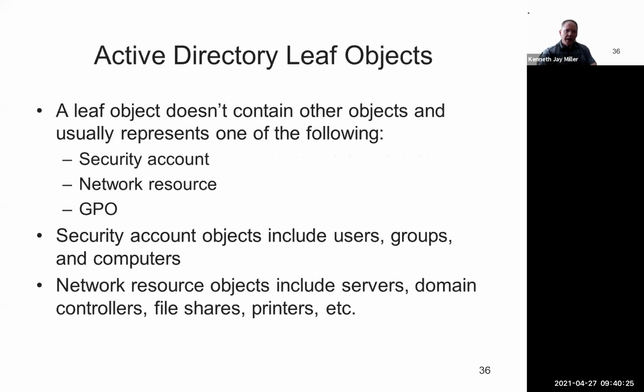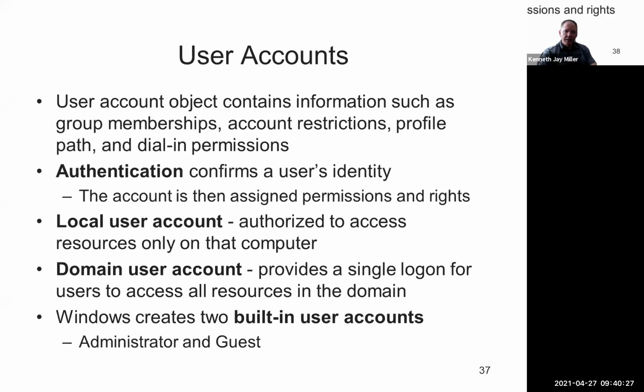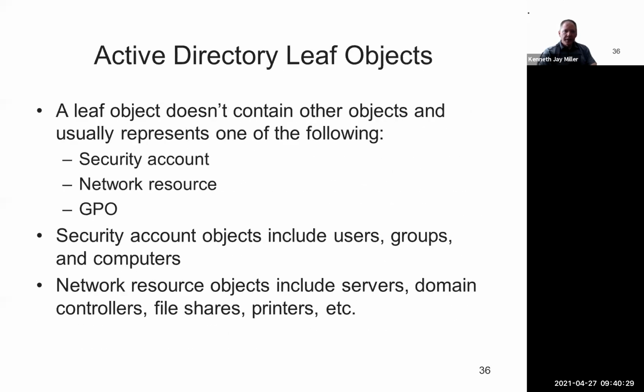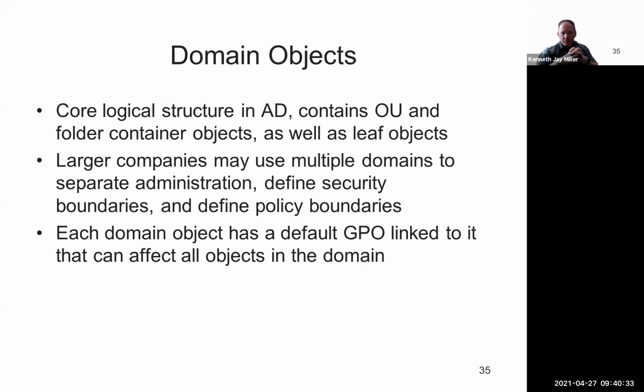So when we modify the group policy, and I don't have a picture of that, if we do it for the entire domain, that's going to go down to everything underneath the domain.